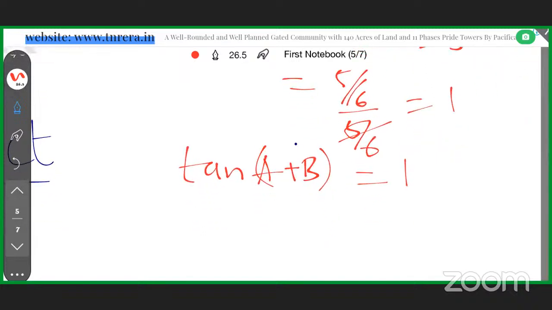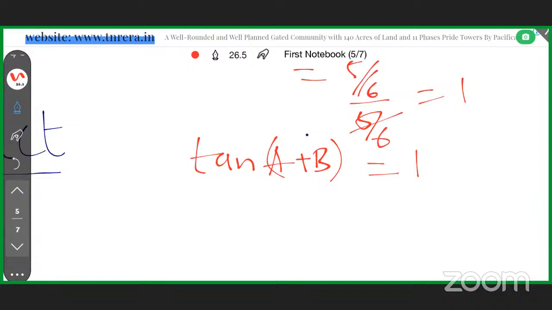For what value do we get 1 in tan? Students, for which value do we get 1 in tan? 90 degrees? No, tan 90 degrees is undefined; tan will not exist. 45, sir.